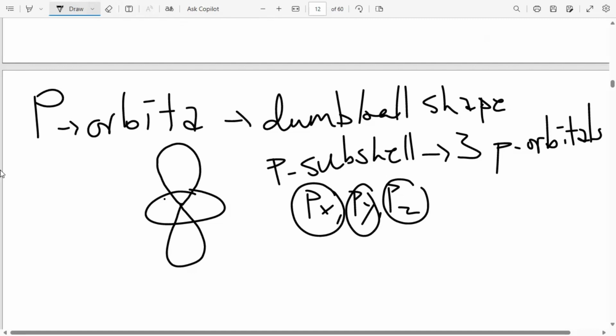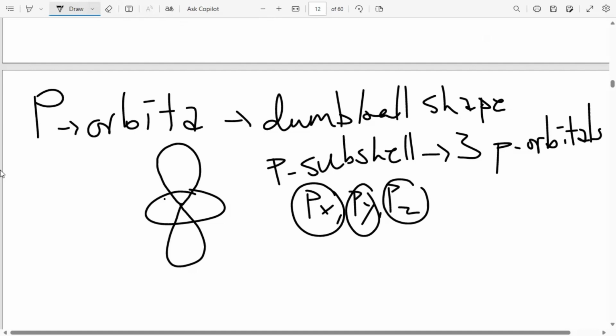So it is giving them a distinct spatial orientation as opposed to the s orbitals that we looked at. Due to this, we say p orbitals are directional. We say p orbitals are directional because of how they are arranged in 3D space. You have one in the x-axis, one in the y-axis, and another one in the z-axis.